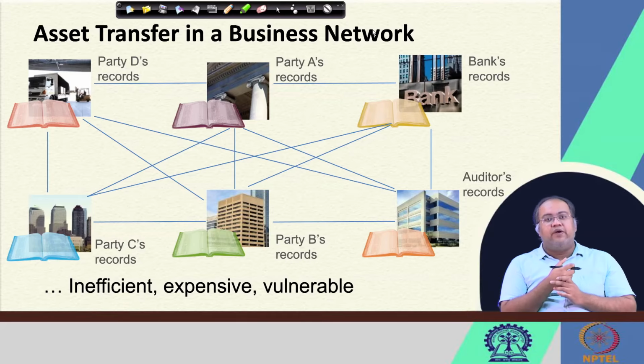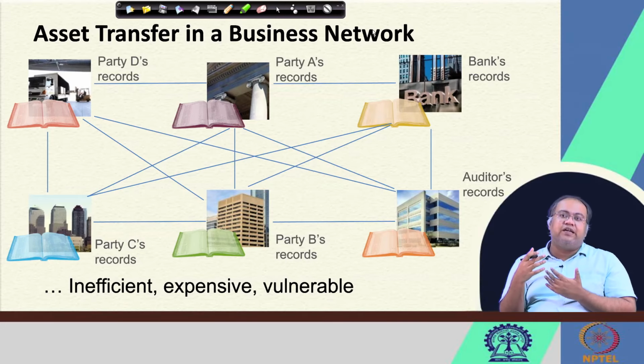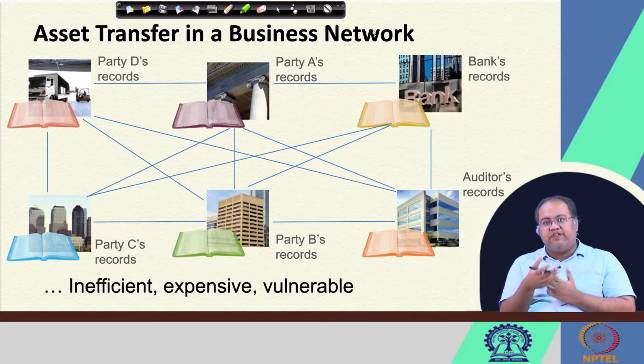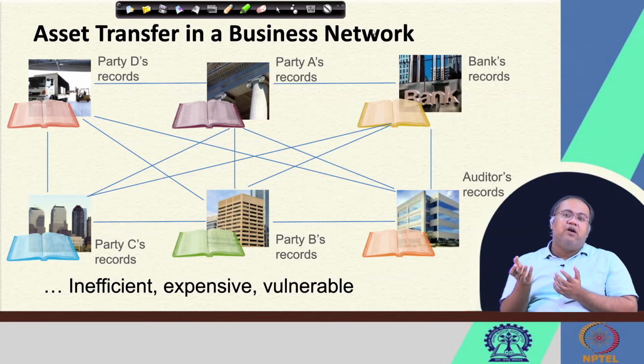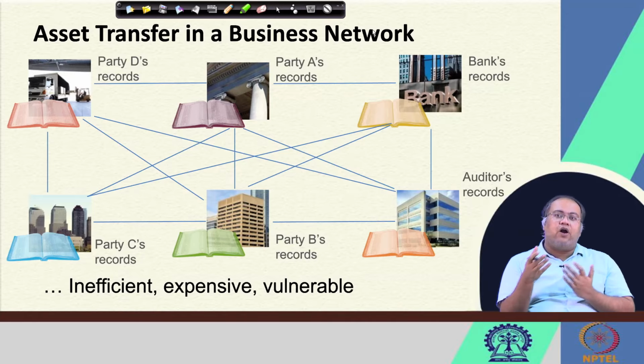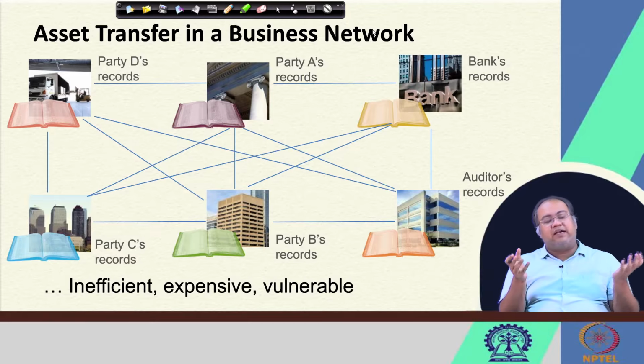Such things are very difficult to do manually, and are inefficient, expensive and vulnerable when multiple parties are involved and the auditor needs to cross-verify the data from multiple parties.